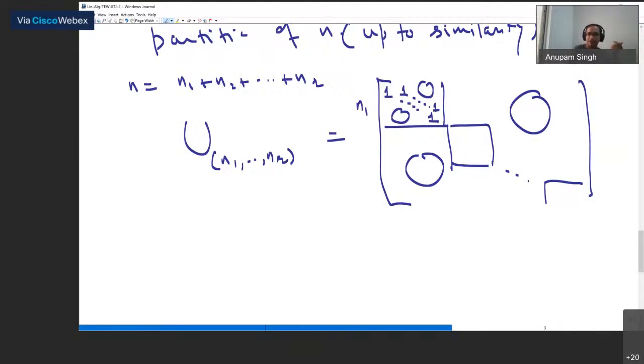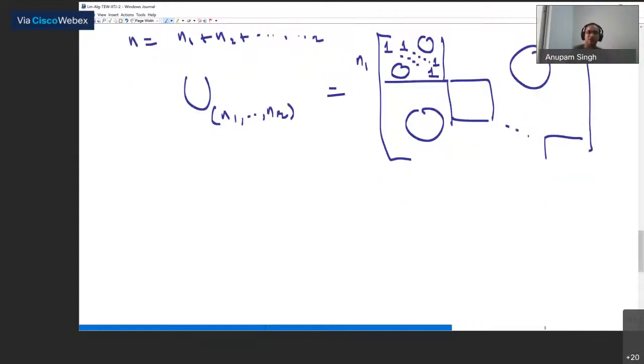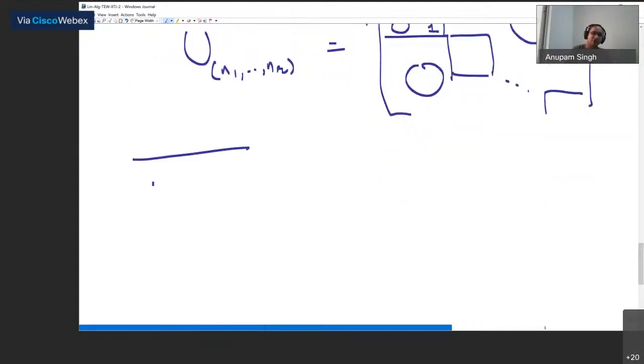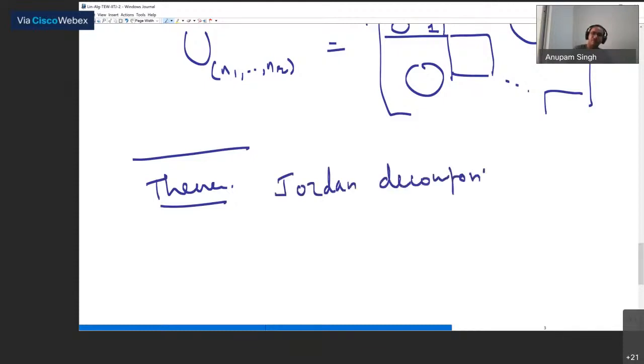And then we wrote down two theorems, basically saying that we can write any linear transformation using these kinds of matrices. The first was Jordan decomposition. I wrote two different versions.